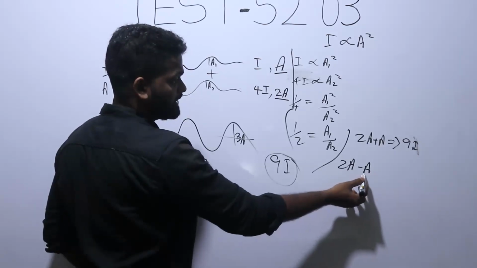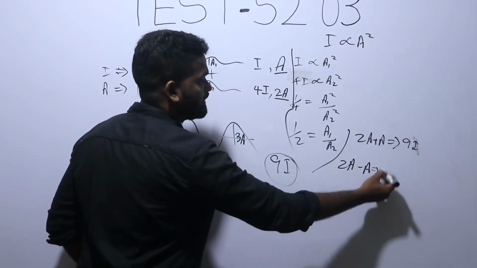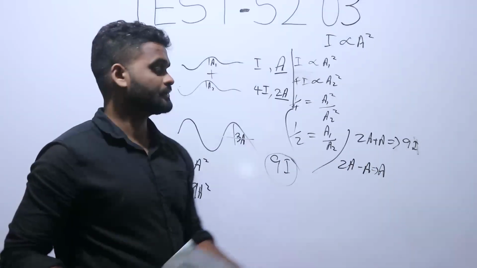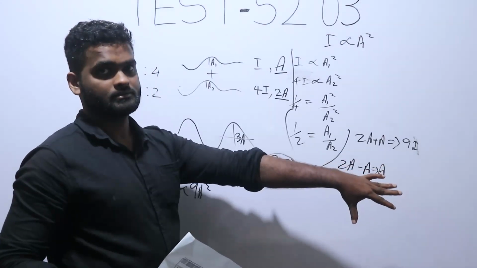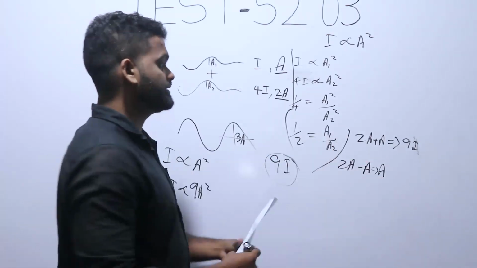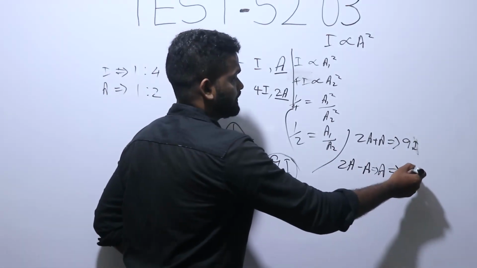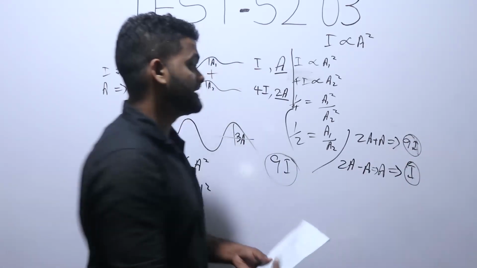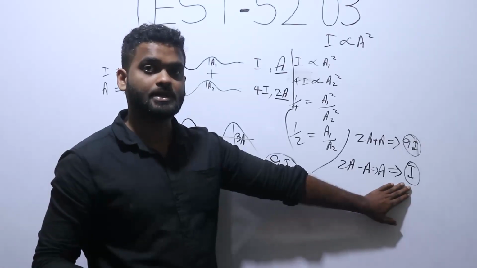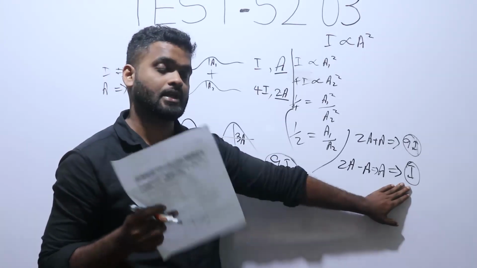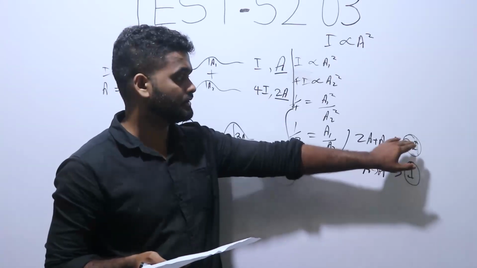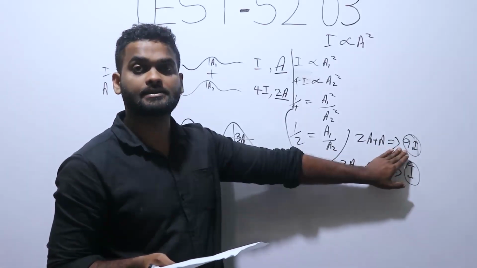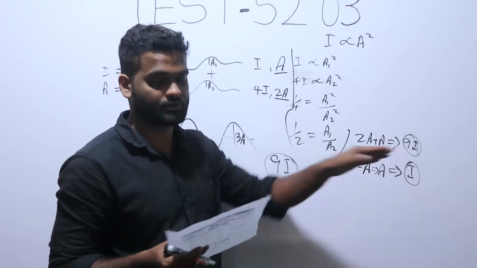Now it is 2A minus A, that is A. Amplitude is just A for the superpositioned wave. So A squared is proportional to the new intensity. So from the destructive interference, the intensity should be I, which is the minimum. This is from the constructive interference: intensity becomes 9I.